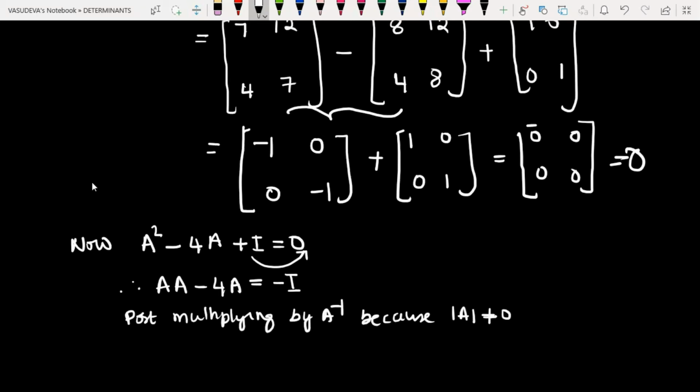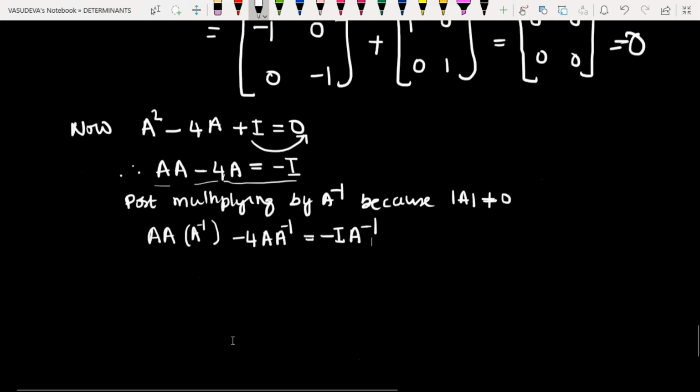Post multiplying means we multiply the equation on the right hand side; pre multiplying means we multiply the equation on the left hand side. So I am writing, multiplying each element: A into A inverse, and 4 into A inverse is equal to minus I into A inverse.